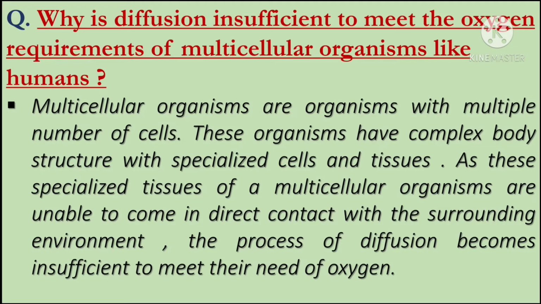Now, these organisms usually have complex body structure, and that is why it becomes impossible for them to be in direct contact with the outside environment, and because they are not in direct contact with the outside environment, all the parts and tissues of these multicellular organisms are not in direct contact with the outside environment. The process of diffusion therefore becomes insufficient to meet their need of oxygen.